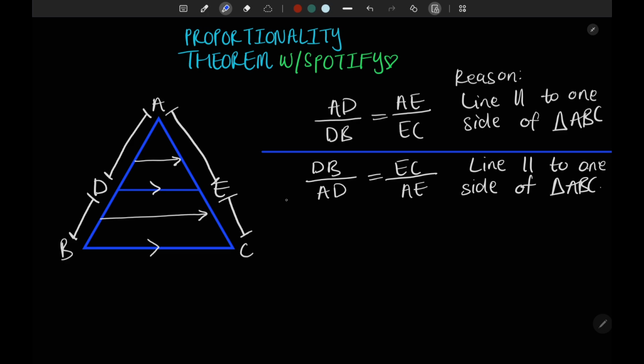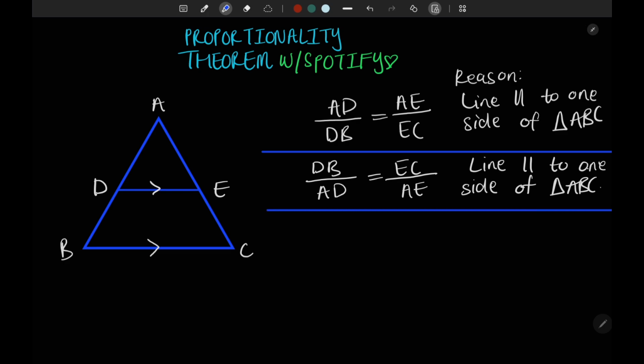Now let's do a third way in which we can prove this theorem. Let's do AD over, AD is from here to there. We can choose the entire length. Let's do AD over AB, which is from here all the way to there, over AB is equal to, the sides have to match.